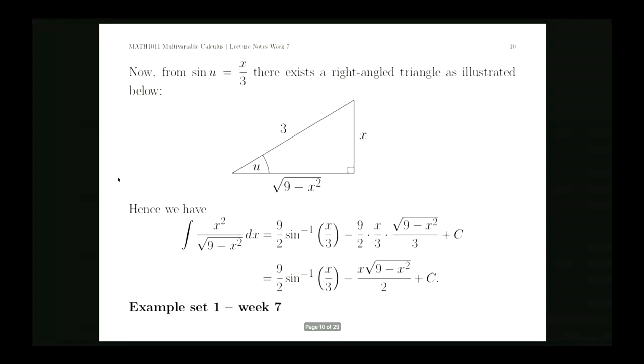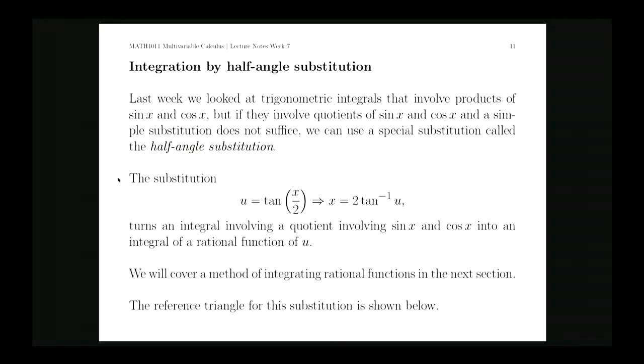The next method we did, there's two reasons I show this one. Firstly, because there are two integration formulas on the formula sheet that, to prove them, I need this substitution.